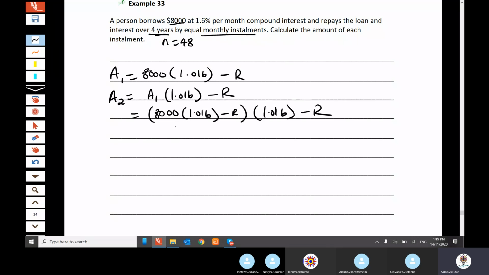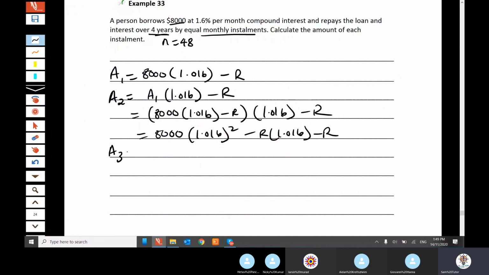That whole first bracket is A1. And make sense?